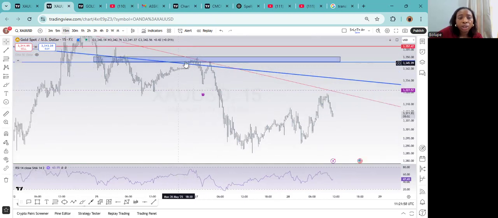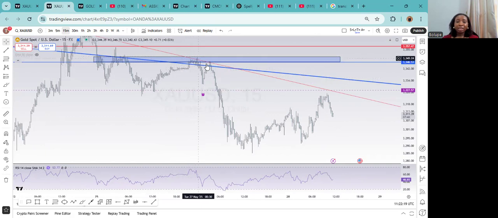To take this trade, since you already have the area of structure in price that you're looking for, you can wait for price to get there, because I know we were around this area then.